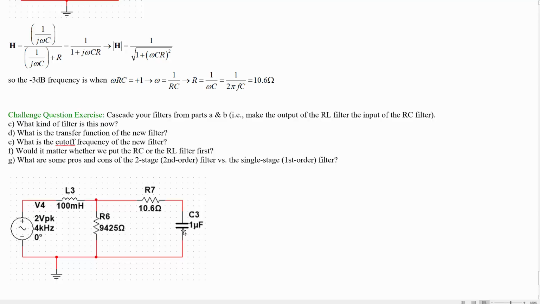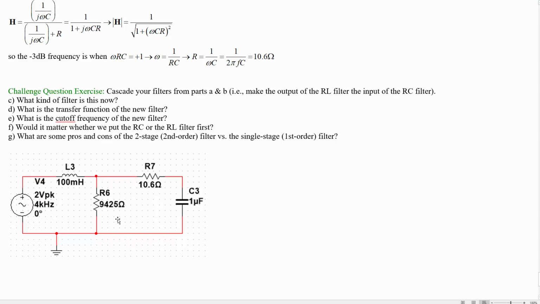But at high frequencies, the capacitor is going to be shorting this out, and the 10.6 in parallel with the 9425 is going to be quite a lot lower resistance. It's not a perfect short, but it's pretty good. So this part by itself is acting like a low pass filter in the voltage divider, especially when we've got the inductor up at the top. This only allows the low frequencies to go through, but at high frequencies it's stopping a lot of those by making the top branch of the voltage divider a lot larger.